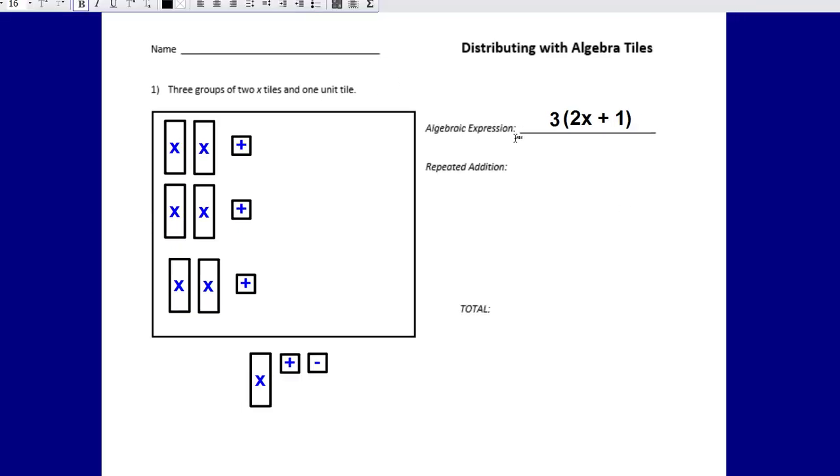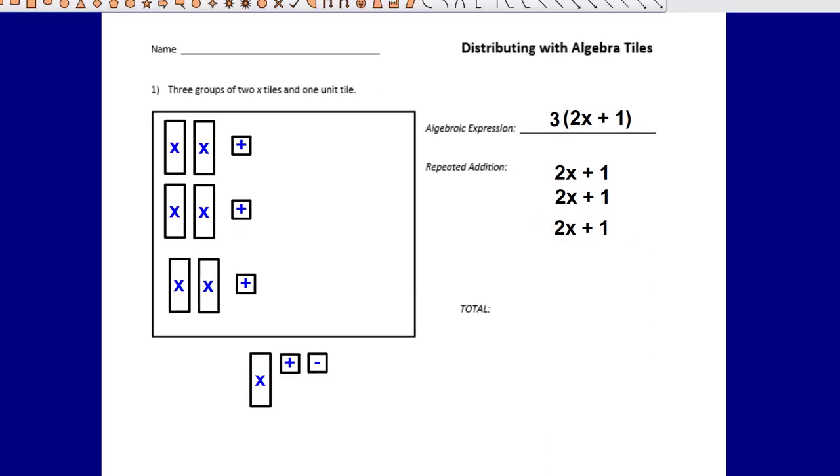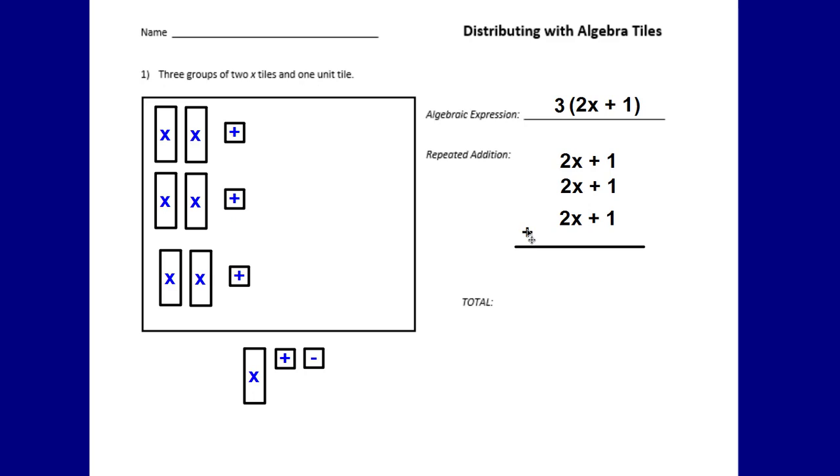To show you repeated addition, because 3 groups means to multiply by 3, instead we're going to show this as repeated addition. We're going to take our 2X plus 1, our group, and we're going to add it 3 times. There we go. 2X plus 1 plus 2X plus 1 plus 2X plus 1.